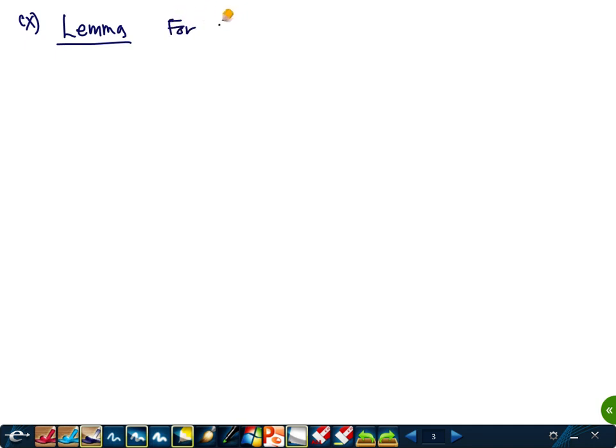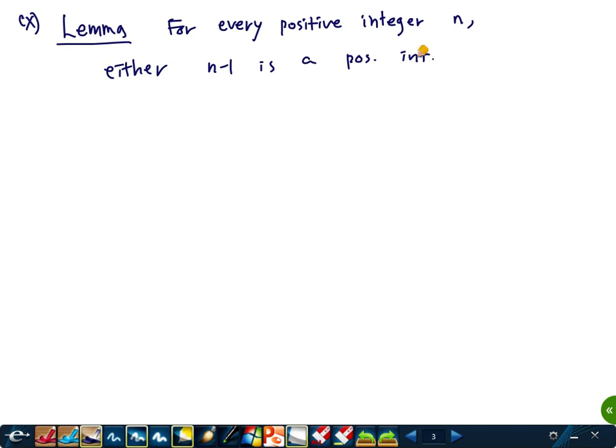For every positive integer n, either n minus 1 is a positive integer or n minus 1 equals 0. Yeah, which is quite obvious. You can prove this very easily. So it's a theorem. We can prove this using just the definitions and properties of positive integers.